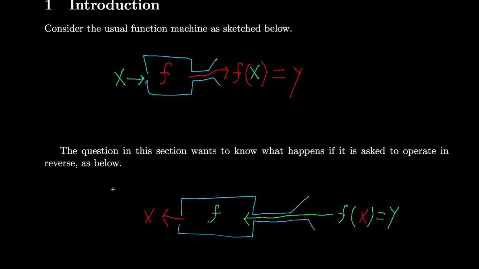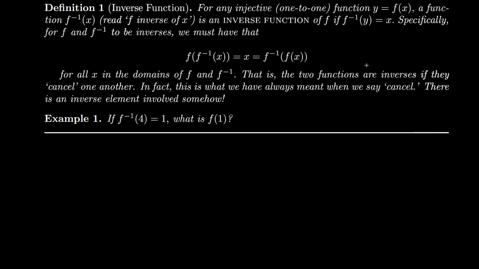But let's talk about an actual definition. So let's look here at the definition of an inverse function. It says, for any injective or one-to-one function, that means every input x has exactly one output y. There's no way for you to put in two different x's and get the same y out.